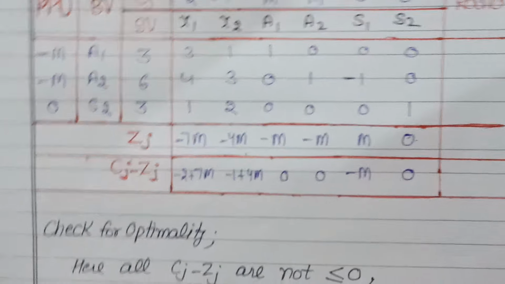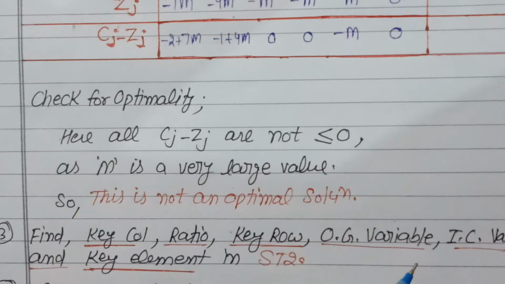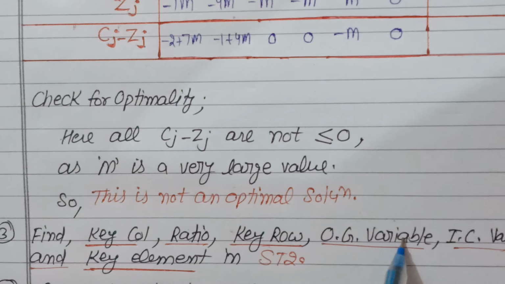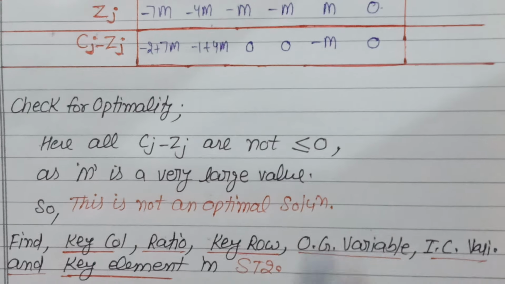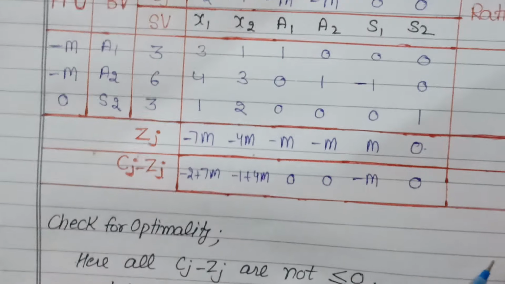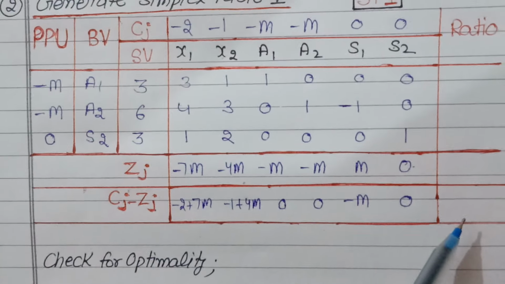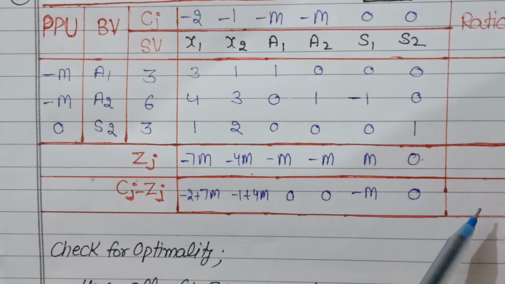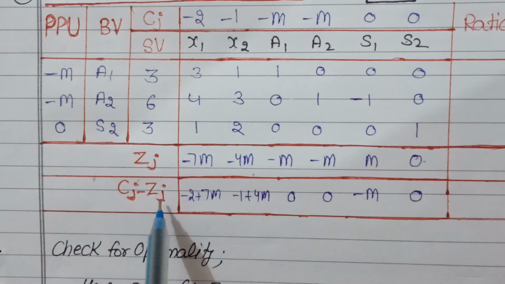Okay, so now we have to find the key column, ratio, key row, outgoing variable, incoming variable, and key element, so that we can use them in simplex table 2. For finding the key column, we have to choose the highest positive value in the row Cj minus Zj.